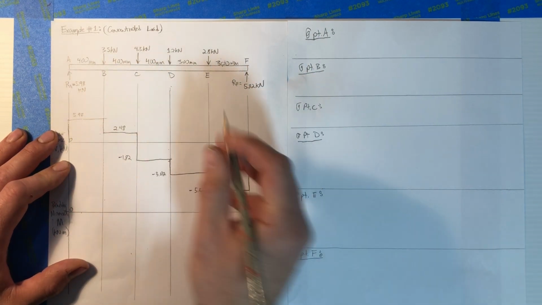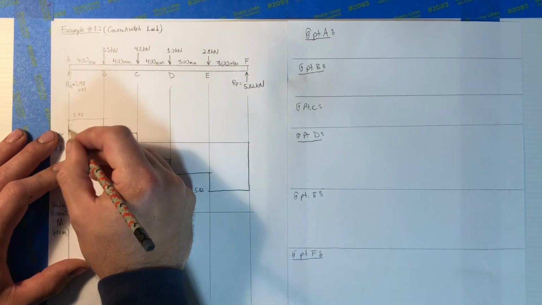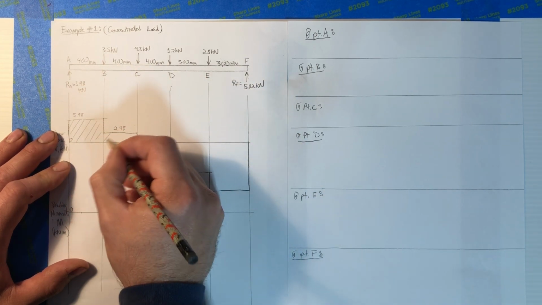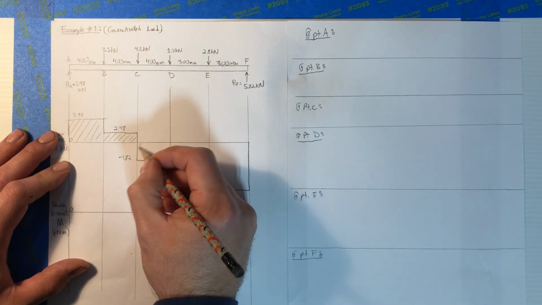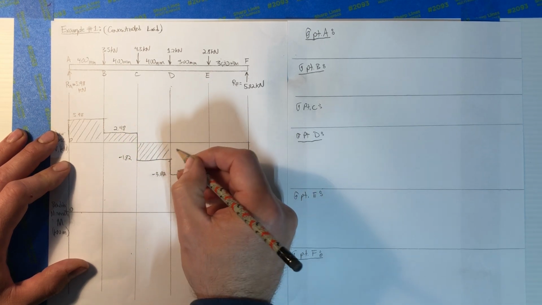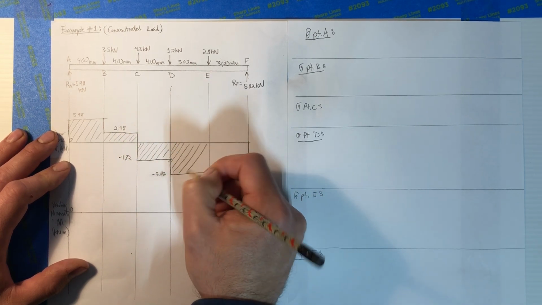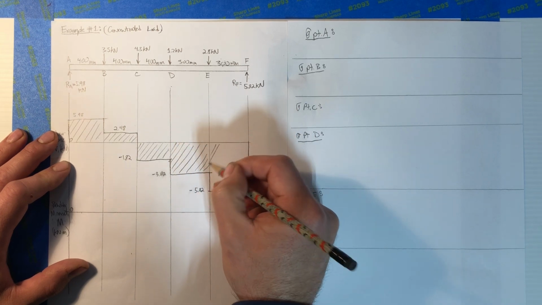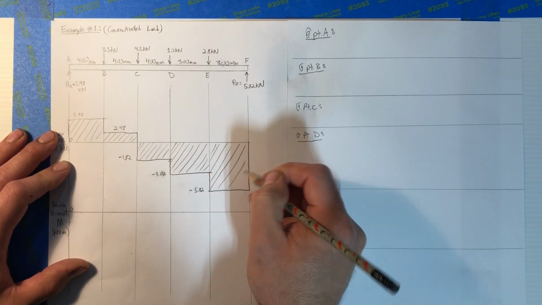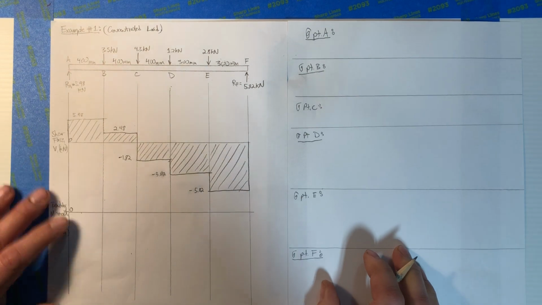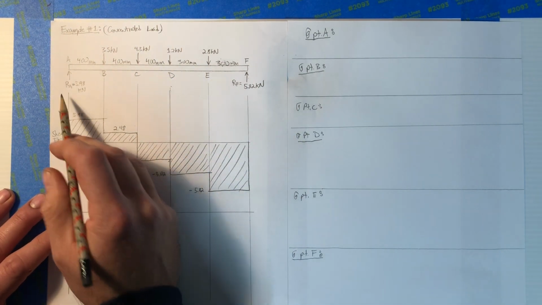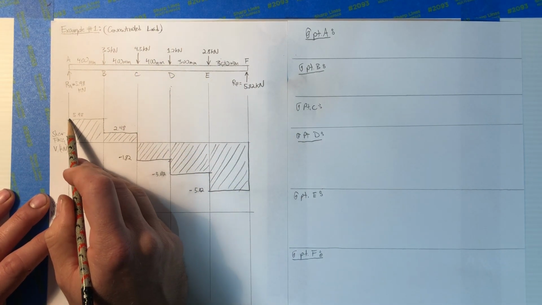Basically, we want to shade everything between the curve and the x-axis. Once again, I start at 0 and go up 5.8 kilonewtons. I'm constant between the two loads.